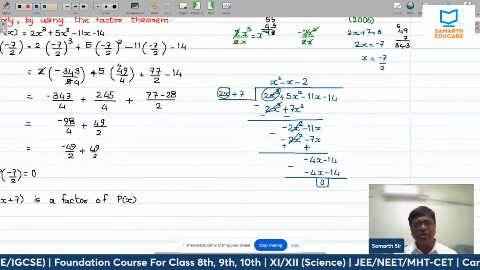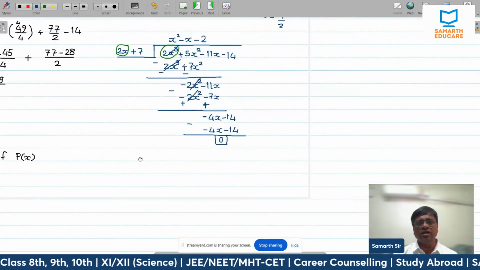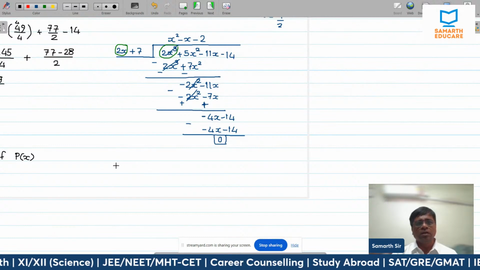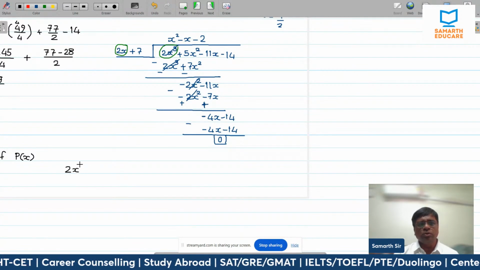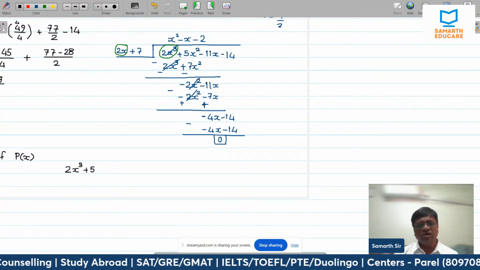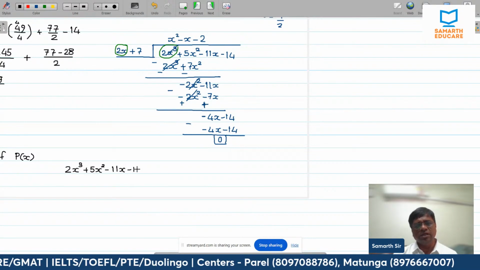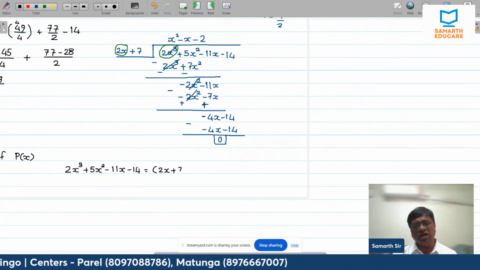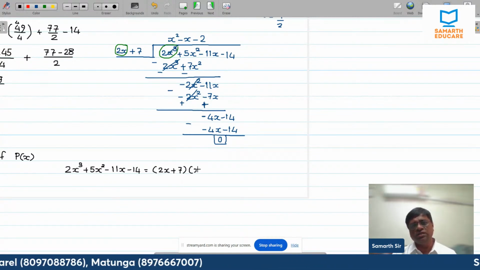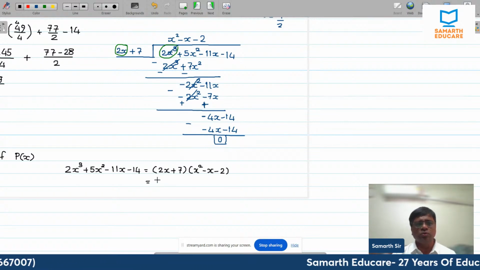So what has happened now is, let me factorize this completely. I got 2x cubed plus 5x squared minus 11x minus 14. One of the factors is 2x plus 7, which is the divisor, into the quotient, that is x square minus x minus 2.